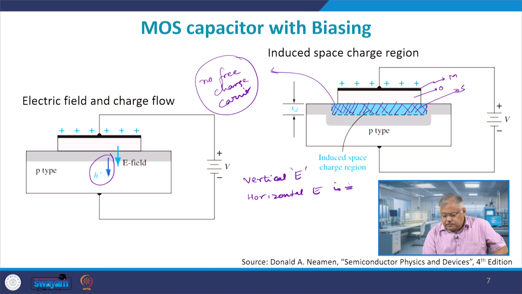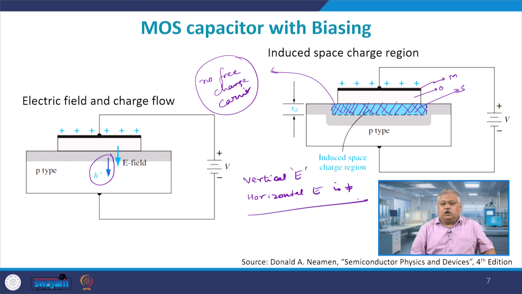That is the reason you get a depletion charge here. The higher the p type doping concentration of the substrate, the lower the depletion charge. xd is the thickness of the depletion layer.